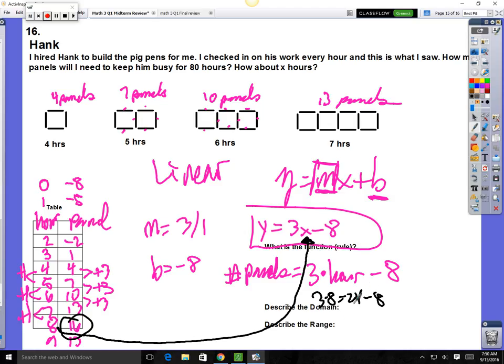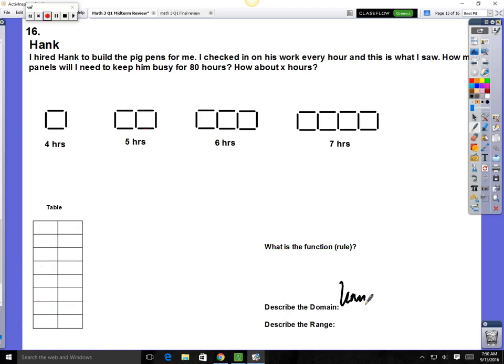Okay, your domain. The domain is the x's. The domain is the hours, and the range is the panels. So hours, the smallest hour maybe is 0, and you can go all the way to infinity, but we're not counting by seconds or minutes, so you cannot just go from 0 to infinity, because that includes everything.